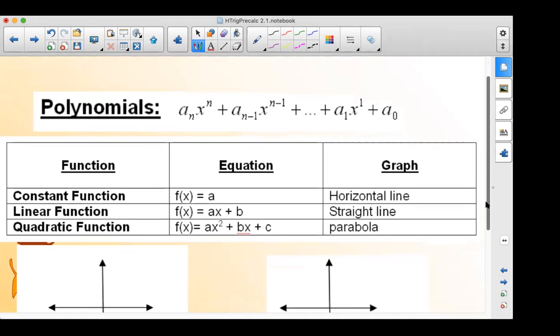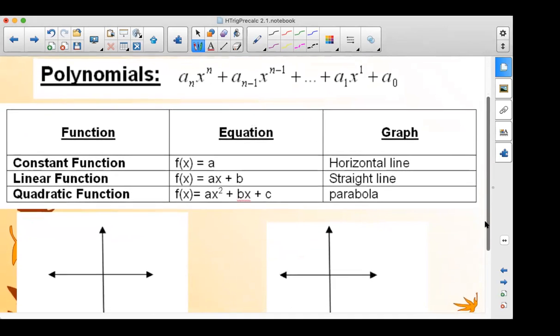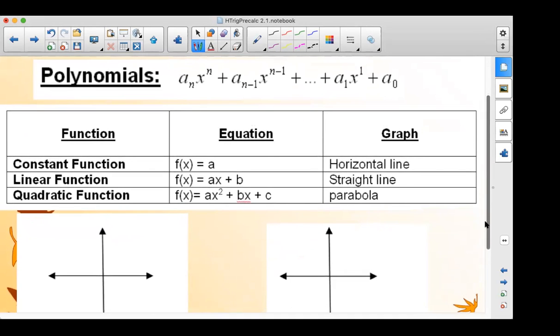Underneath, there's a little table of values for you to kind of just understand how a polynomial builds on itself. So the first function is called the constant function, which means it's just horizontal. It's not rising or falling, it's constant. That function is of the form f of x equals a, or I could also say it's of the form y equals maybe 5, pick your favorite number.